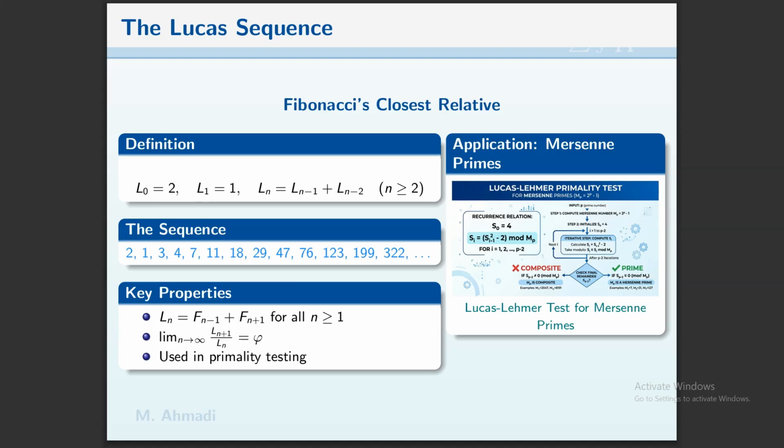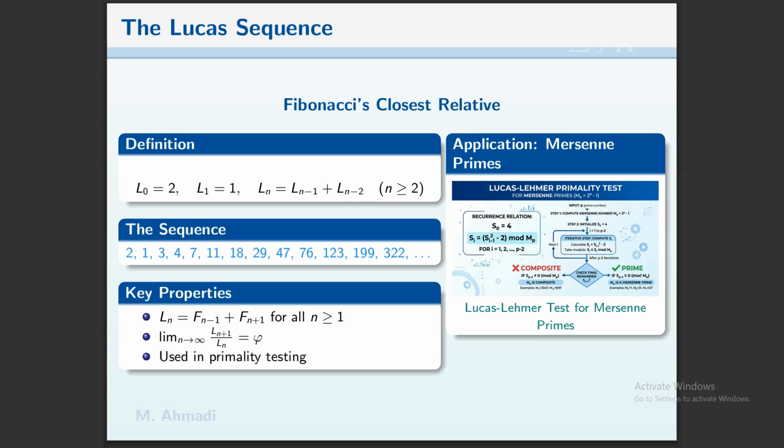The Fibonacci's closest relative. Its definition is in here. L0 equals 2, L1 equals 1, and Ln equals Ln minus 1 plus Ln minus 2 for n greater than or equal to 2.